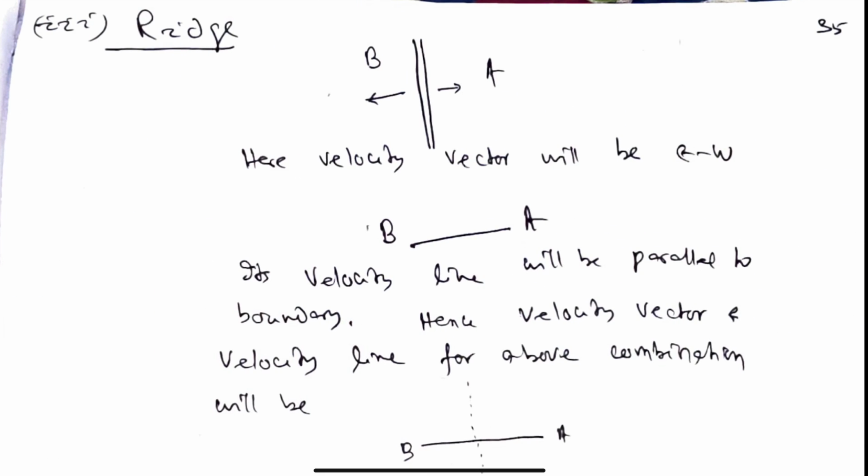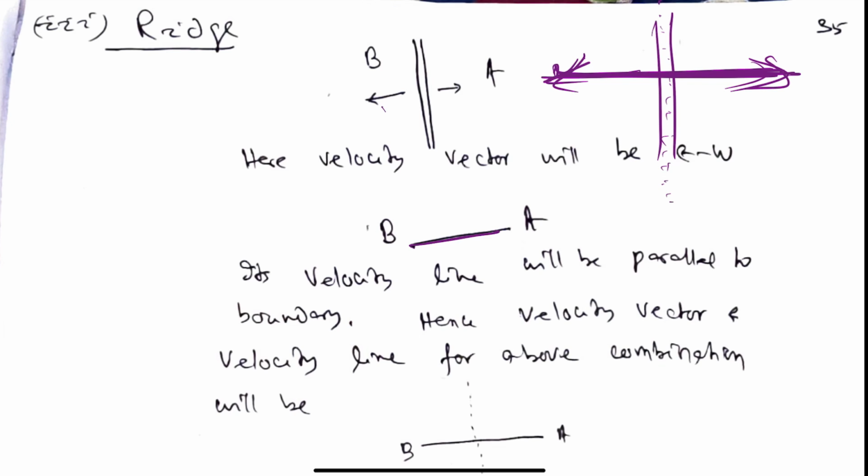If it is a ridge, in that case the velocity line will pass in the middle of the ridge, which is moving like this. So this solid line will give the velocity vector, and this line parallel to the boundary will give the velocity line.